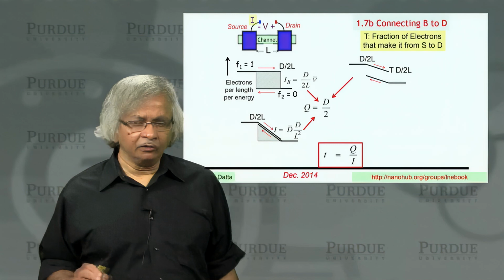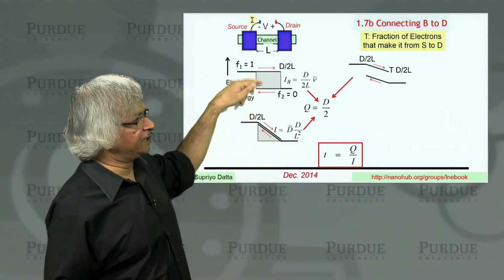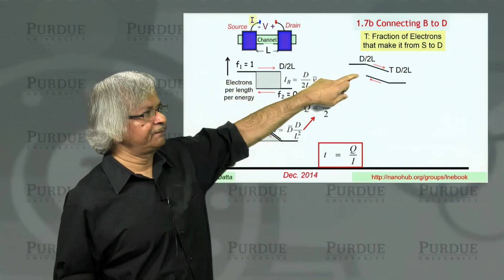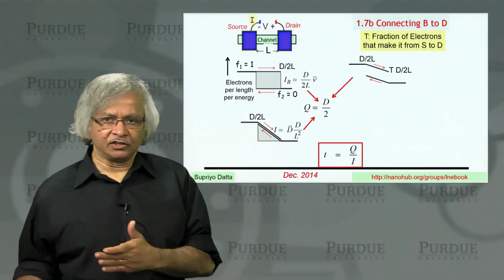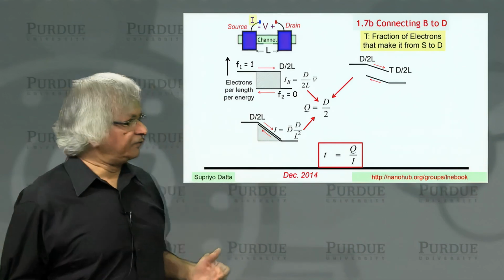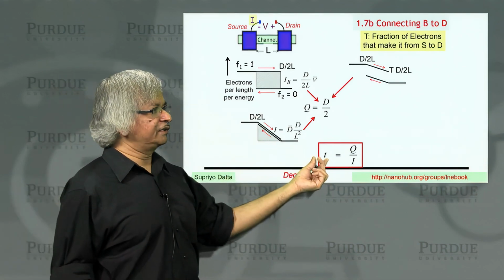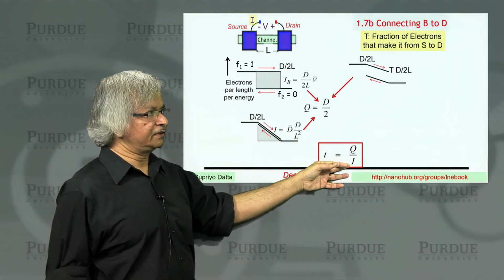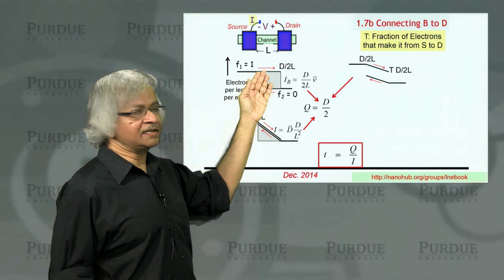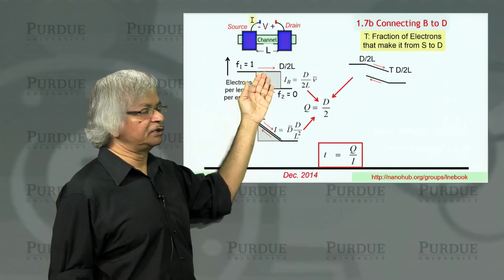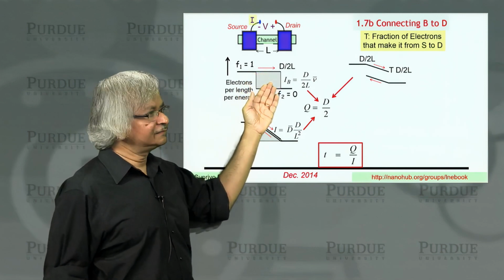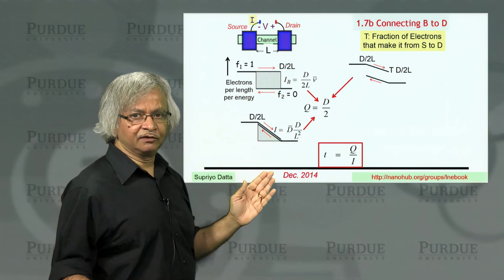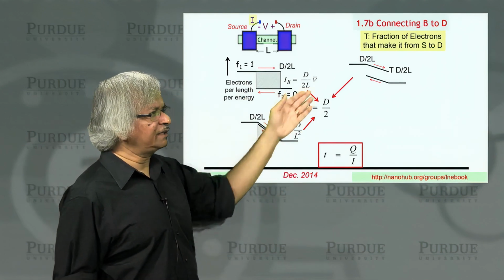What's different in all three cases is the current associated with it. The times are all different because the Q's are all the same, but the currents are different. The current has the highest value in this case, corresponding to the shortest time. Here the current is relatively low, giving a longer time, and this is in between.